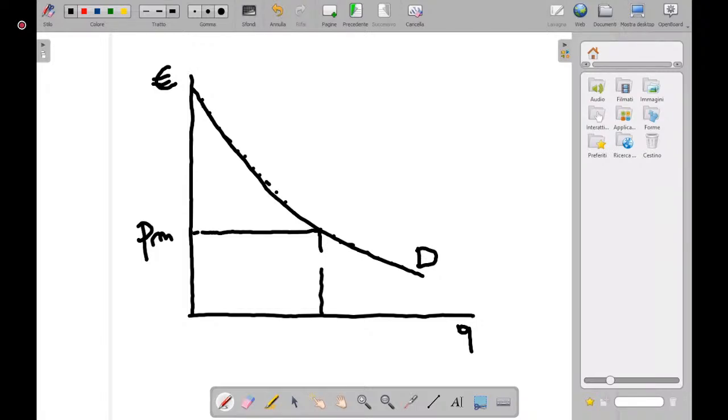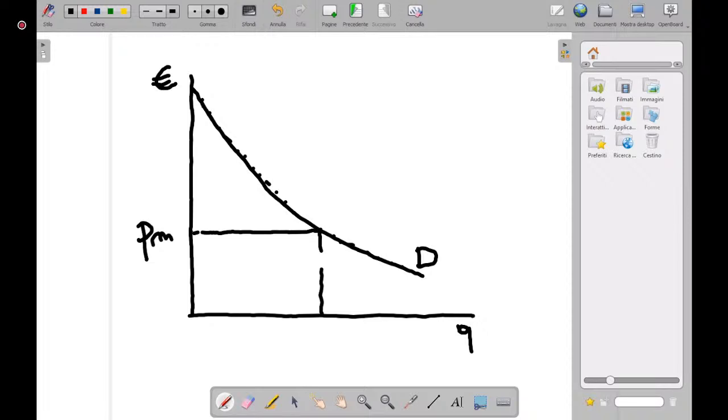Because if you have a willingness to pay for a bottle of water equal to 1.5 euros, okay, but I sell you the bottle of water for €0.5, you will receive the bottle of water and you will maintain €1 in your pocket. Because instead of 1.5, you have to pay only 0.5 and you will maintain €1 in your pocket.